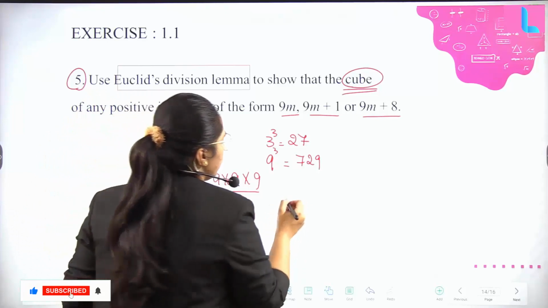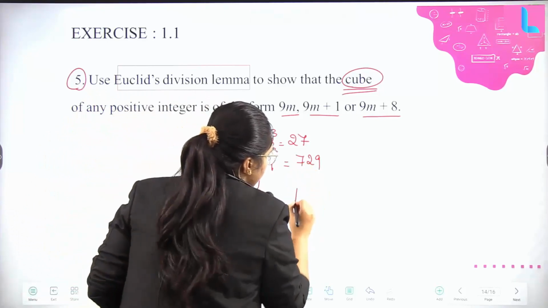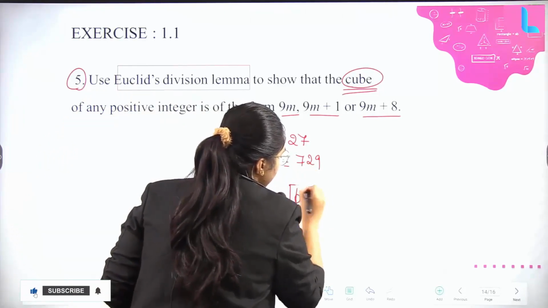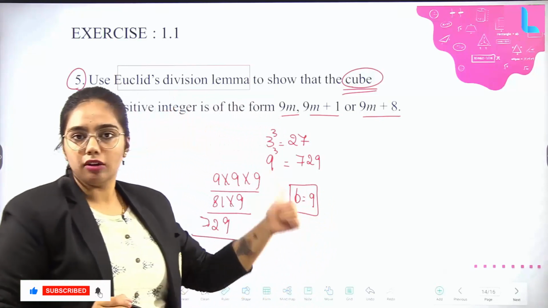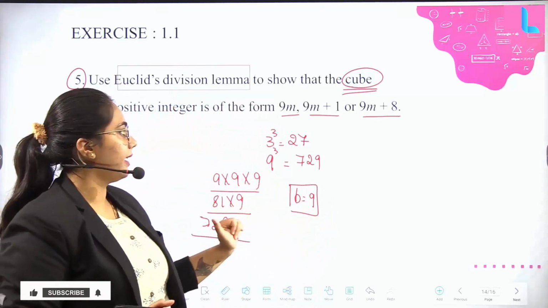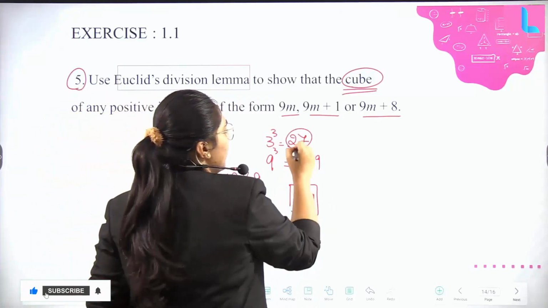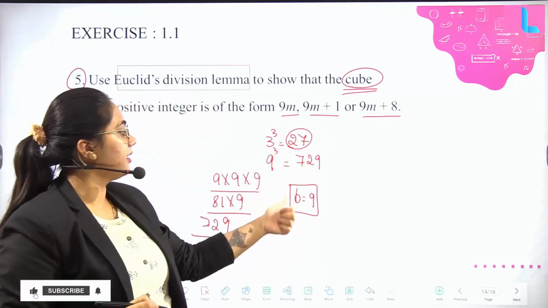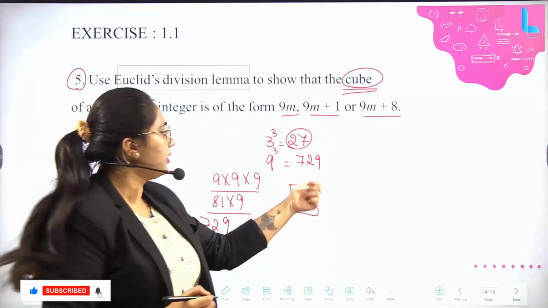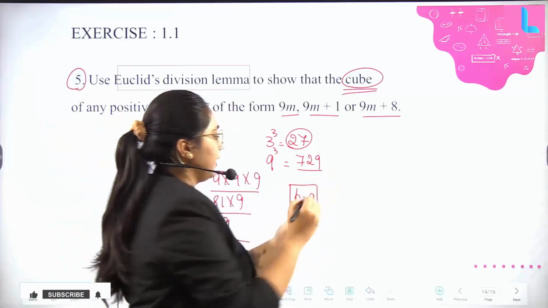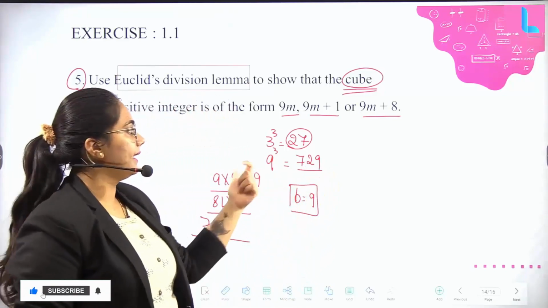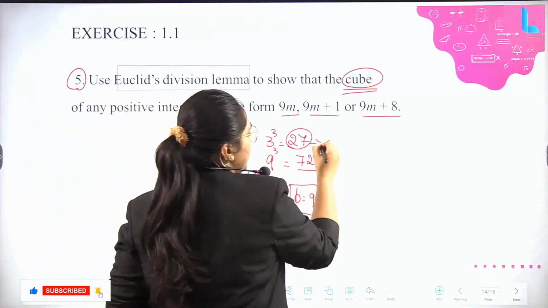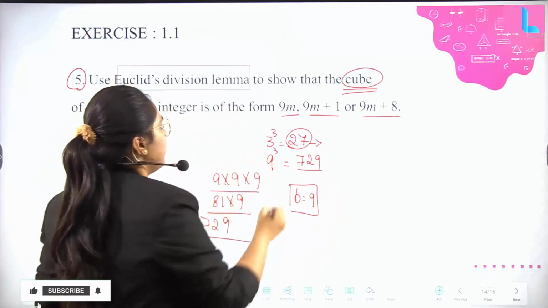If we consider 9 as b, it becomes a very long process for you to solve. Instead, see if we can write as 27. 27 also is divisible by 9, right? Even 729 also is divisible by 9. So we'll go with the simple number 27 and we'll consider b as 3.